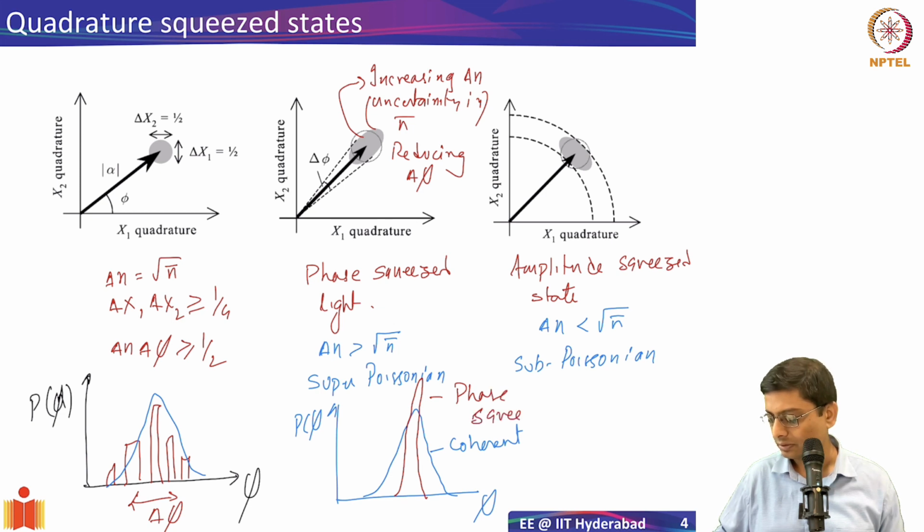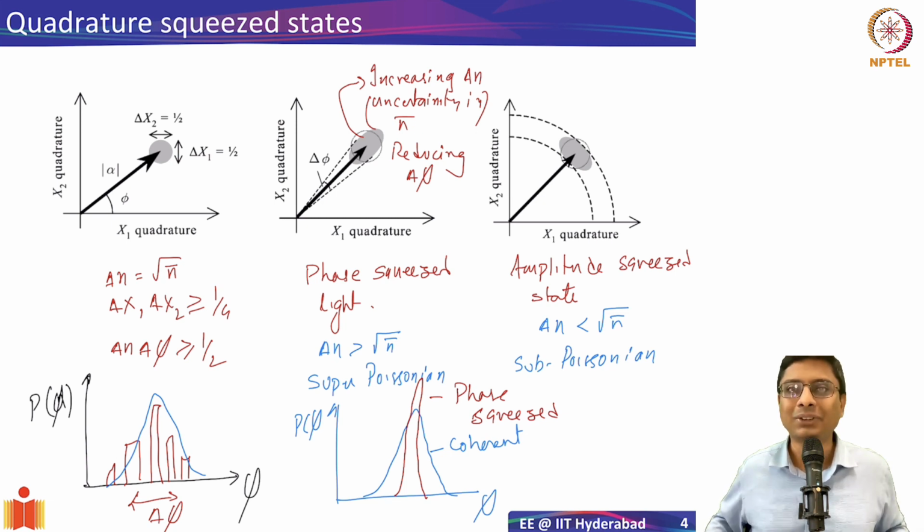You cannot define super-Poissonian and sub-Poissonian for phase. So far, Poissonian we're talking about numbers. So I will have to look at what sort of statistics the phase will exhibit. So always, when something is phase squeezed, it will become amplitude super-Poissonian. So delta n and delta phi form an uncertainty pair, correct?